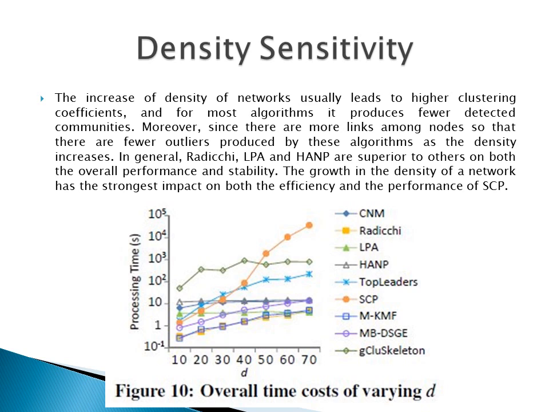In general, Radicchi, LPA, and HAMP are superior to others on both overall performance and stability. The growth in the density of a network has the strongest impact on both the efficiency and the performance of SCP.